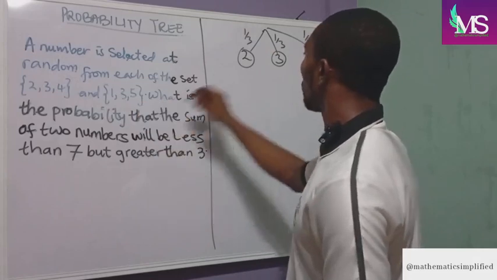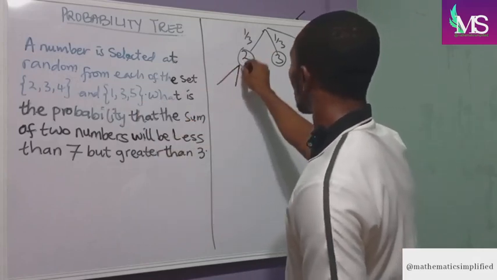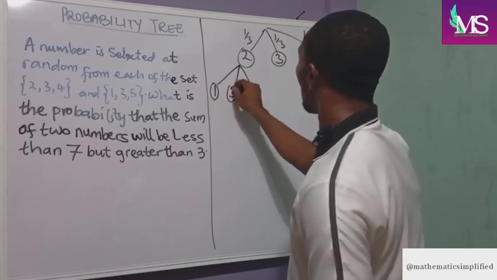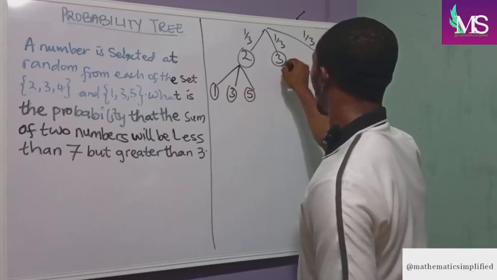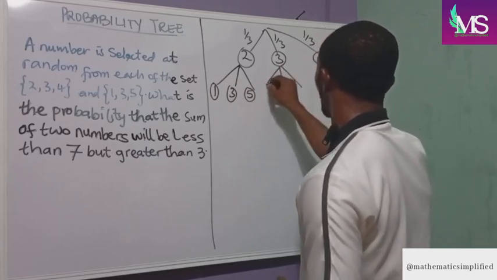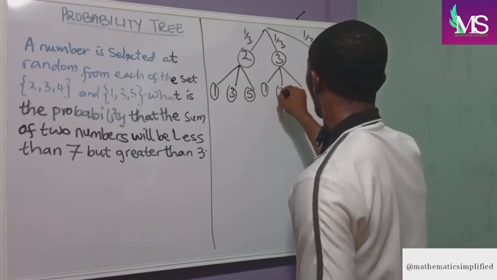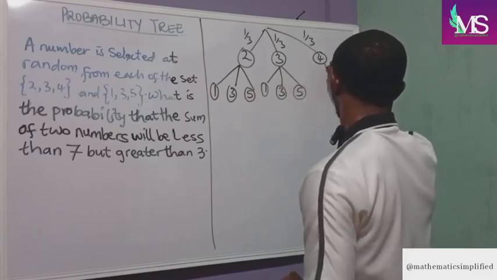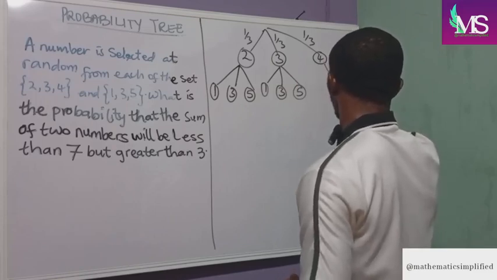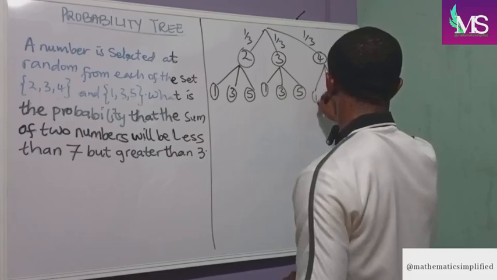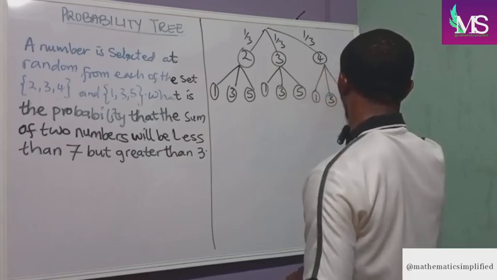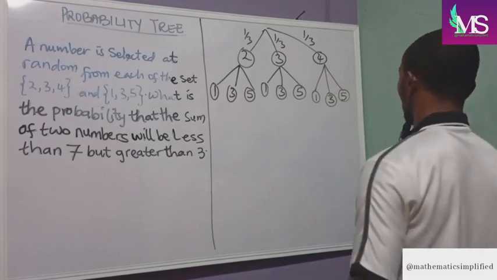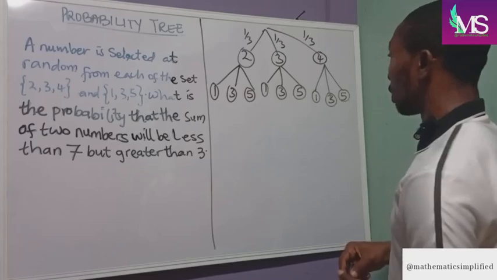Now, including our second choice, this is 1, 3, and 5 for each of the set of outcomes 1, 3, and 5.